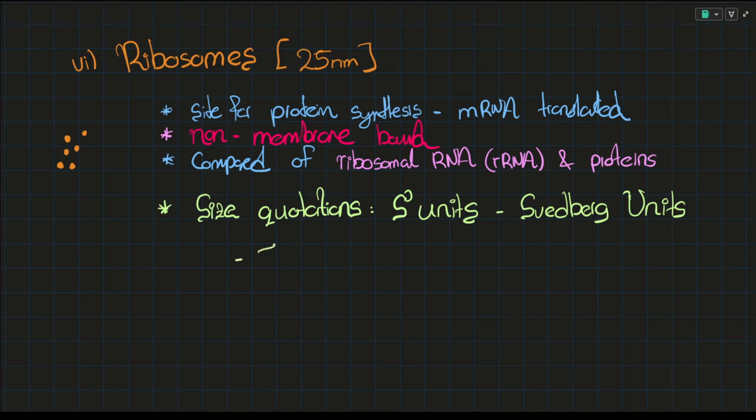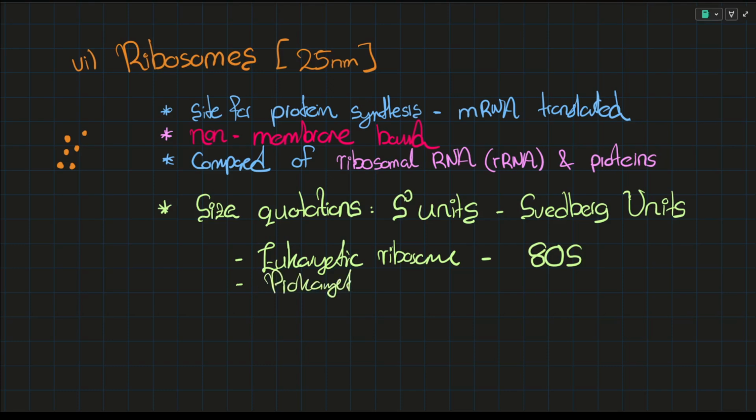Eukaryotic ribosomes, meaning developed ribosomes, are going to be 80S ribosomes, and they are large. So if it's human ribosomes, it will be 80S.